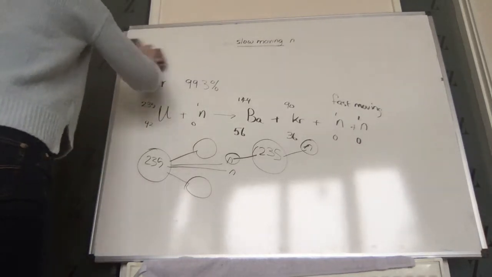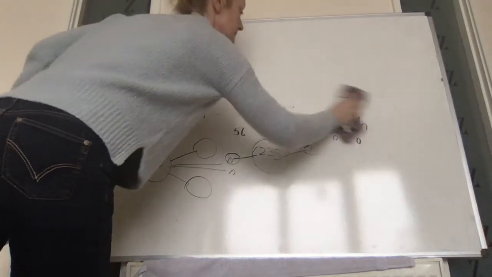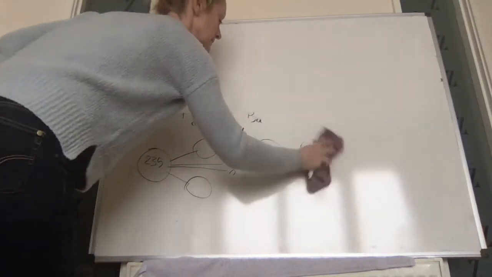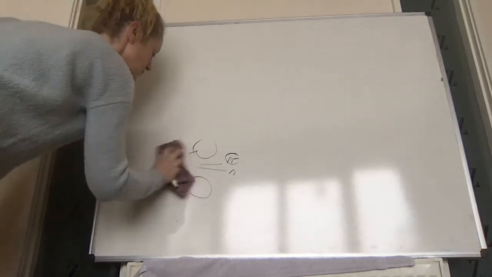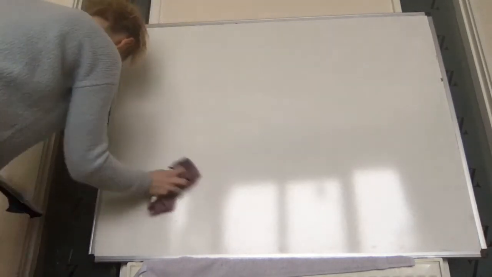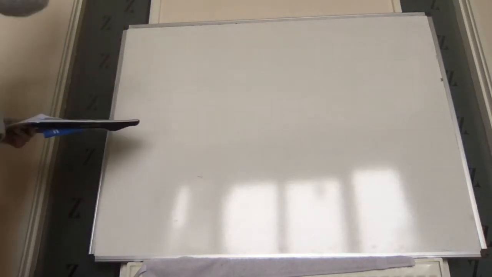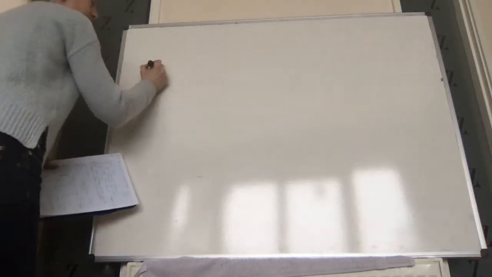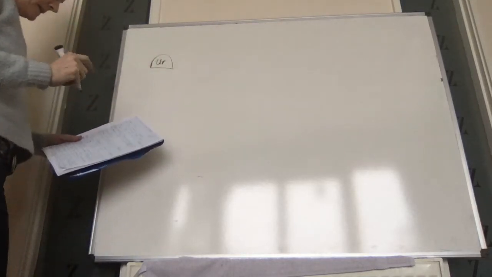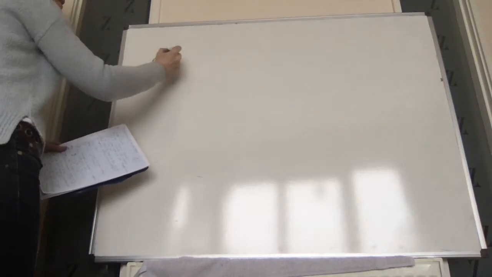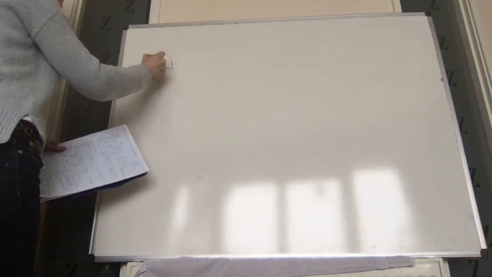Now, if you have a small mass of uranium, it can be too small for a chain reaction to occur. The neutrons will escape. So if you have a small mass of uranium, you will not have a chain reaction because the mass is too small.